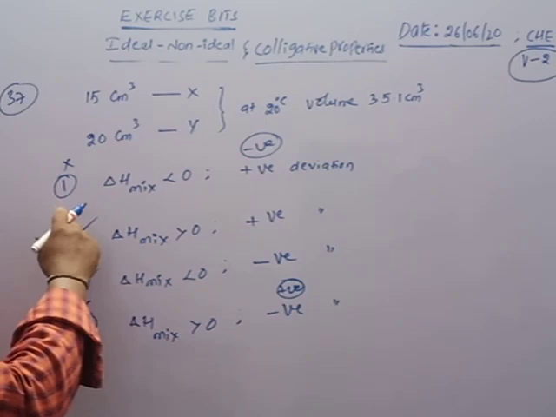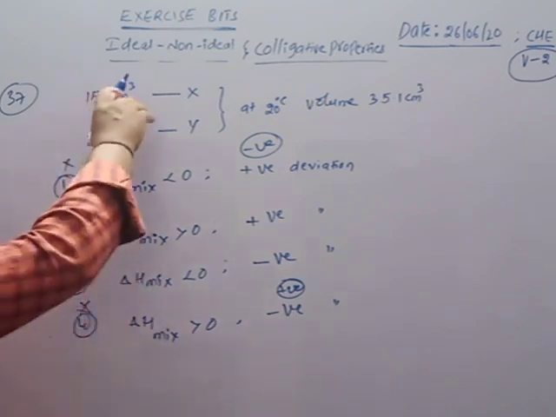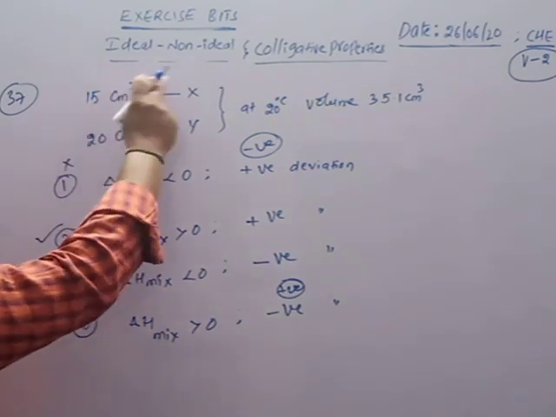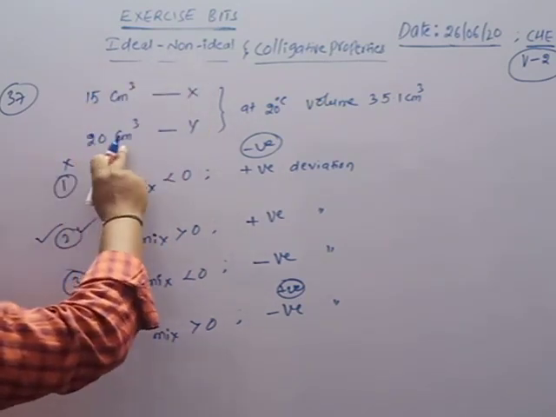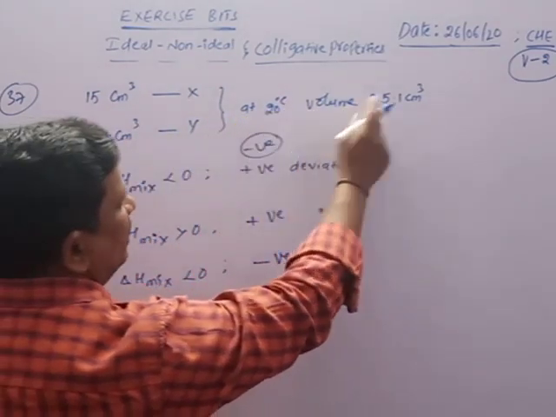So the second and third options are correct according to ideal and non-ideal solutions. But in this case, 15 centimeter cube of X combines with 20 centimeter cube of Y at 20 degrees centigrade. What happens to the volume?